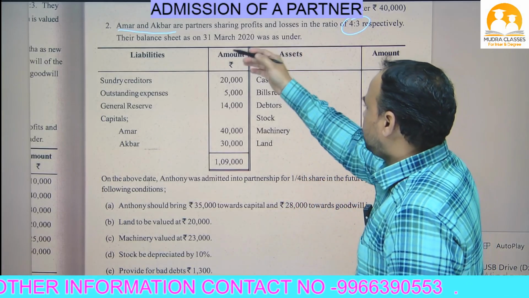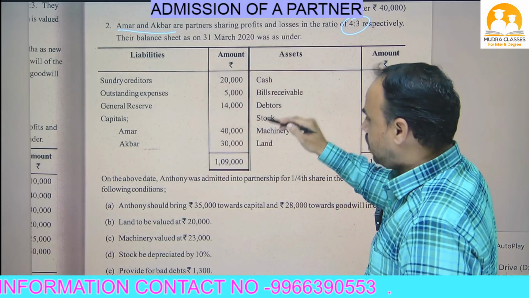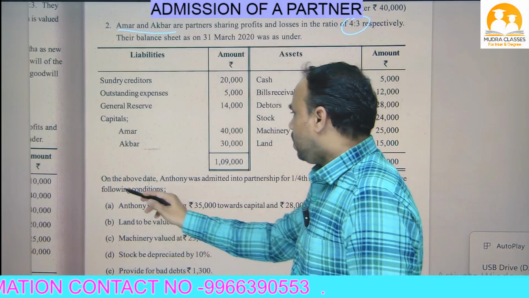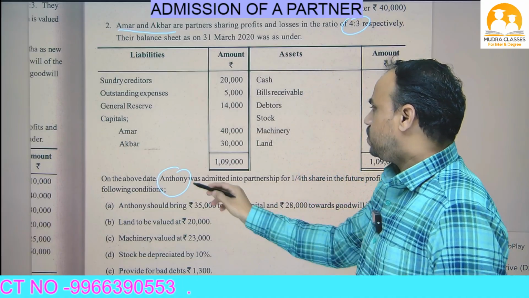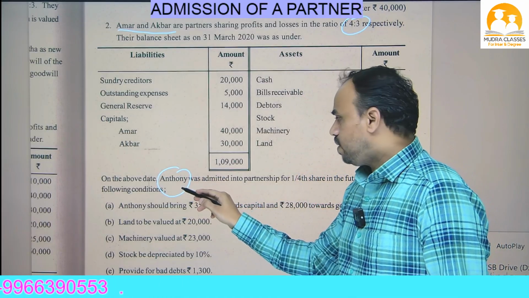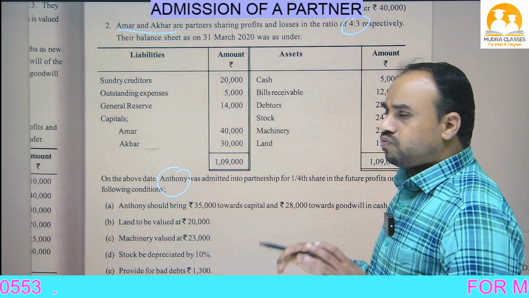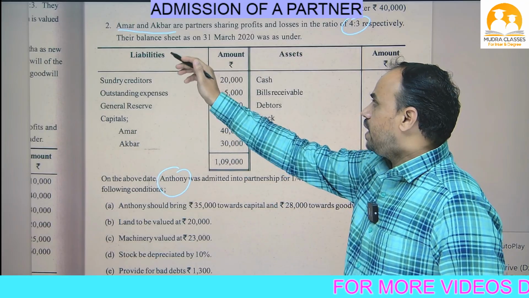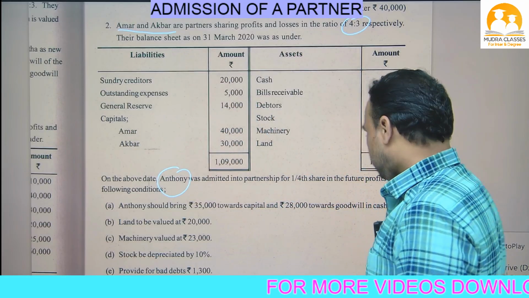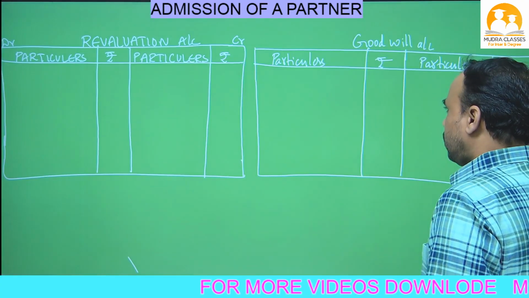Okay. So this is the balance sheet of Amar and Akbar. Below that balance sheet you see, on the above date, Anthony was admitted into partnership. Who is the new partner? In this problem, the new partner is Anthony. So first of all, we will do one thing. In partners capital account, we will write Amar, Akbar and Anthony names. So where is the partners capital account?